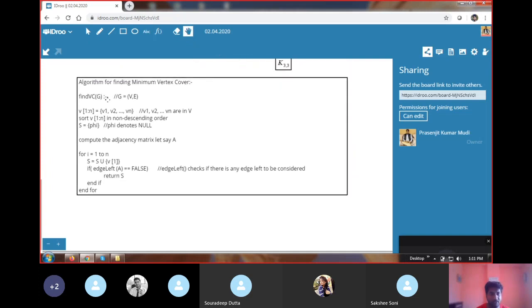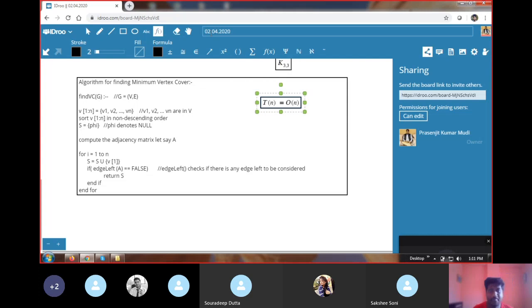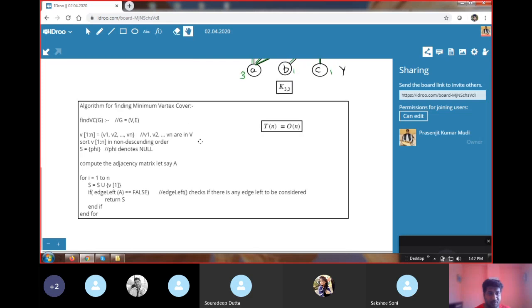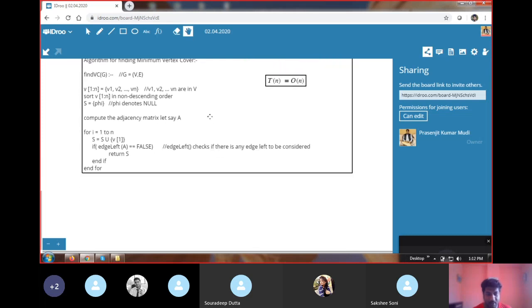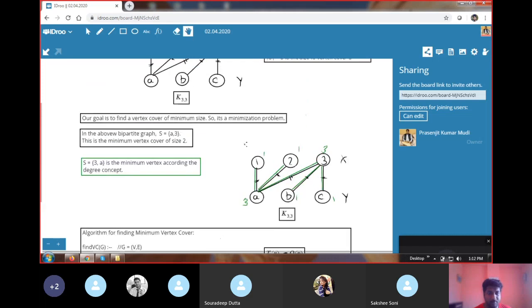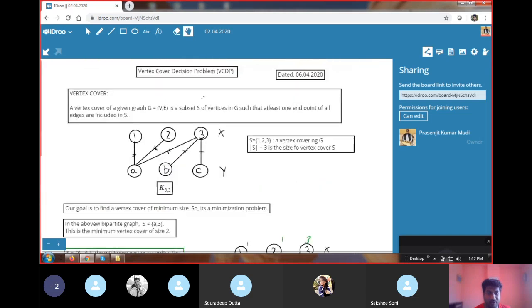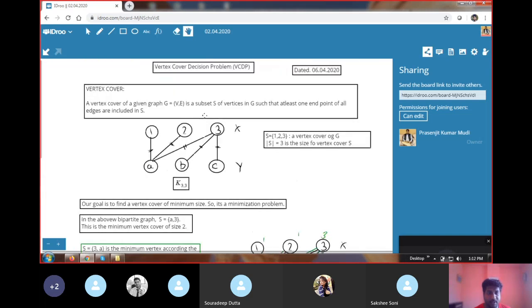So the time complexity here is polynomial in n. It's a good deterministic polynomial time algorithm for minimum vertex cover, which is a minimization problem. Taking this example, we find a minimum vertex cover of 3 and A. Now what is our problem statement in our context?